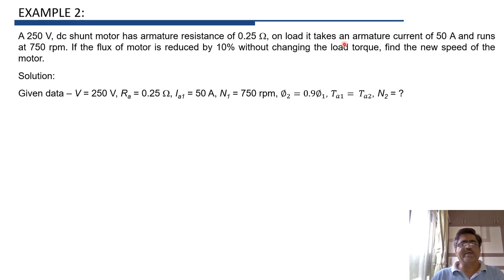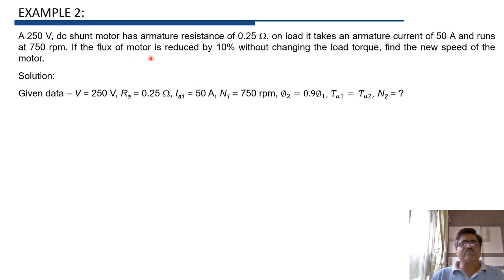On load, it takes an armature current of 50 ampere, means Ia1 is equal to 50 ampere, and runs at 750 rpm, means N1 is equal to 750 rpm.